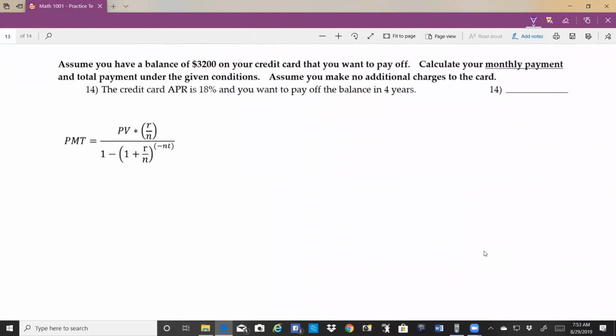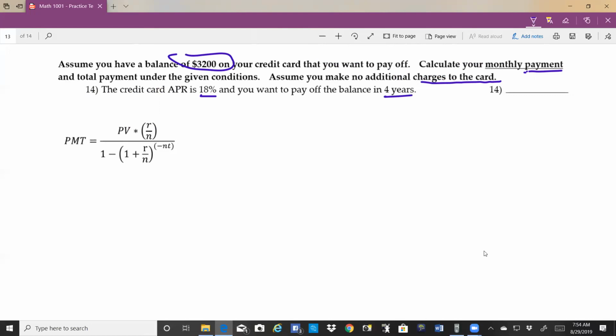Here's a credit card problem in which you want to pay off a balance of $3,200 on a credit card, and you want to find out what your monthly payment will be. And you make no additional charges to the card, 18%, and you want to pay it off in 4 years.